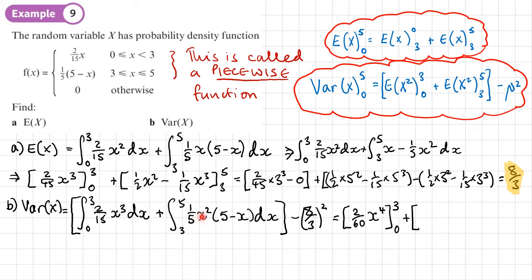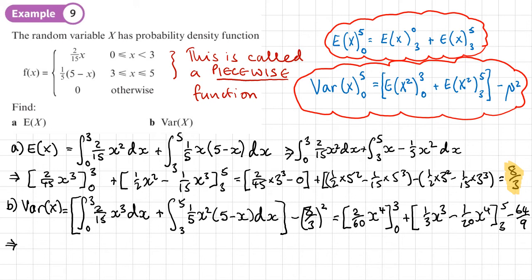When we expand the brackets, we'll have x squared, which will become 1/3 x cubed. And then when we multiply these terms, we'll have minus 1/5 x cubed. So we add 1 to the power, so it becomes power 4, and then divide by 4, so it'll be 1 over 20, minus 1 over 20 x to the power 4, and that's between 3 and 5. And then we'll subtract the mean squared, which is going to be 64 over 9.